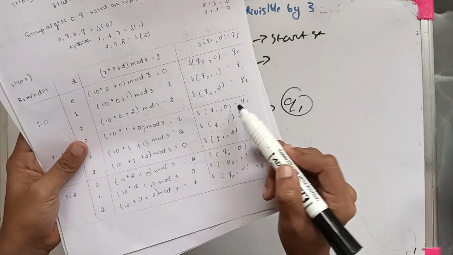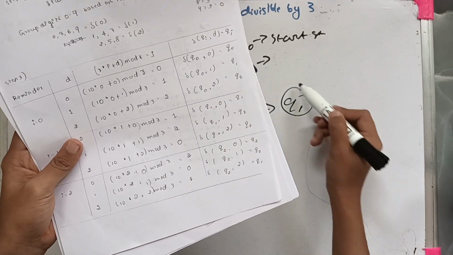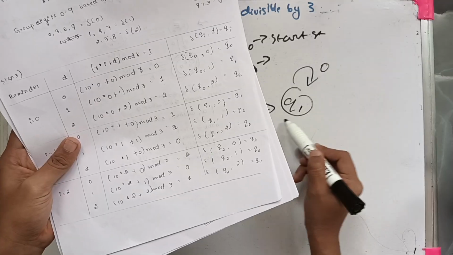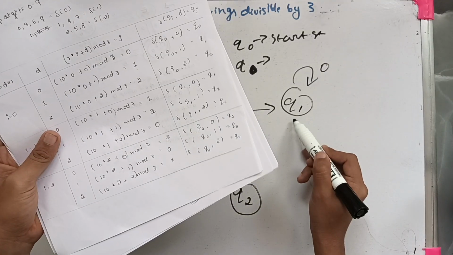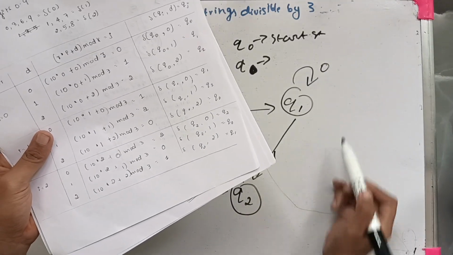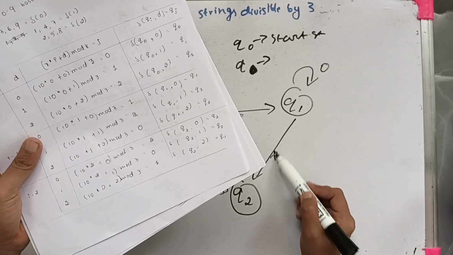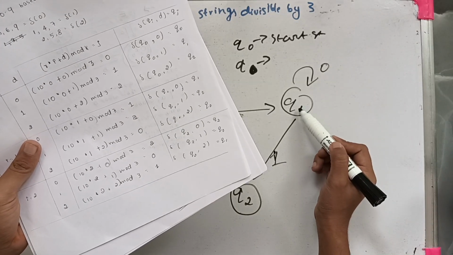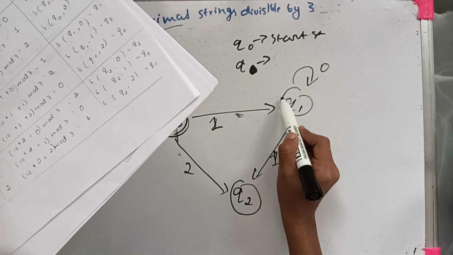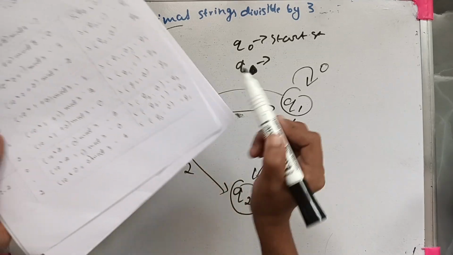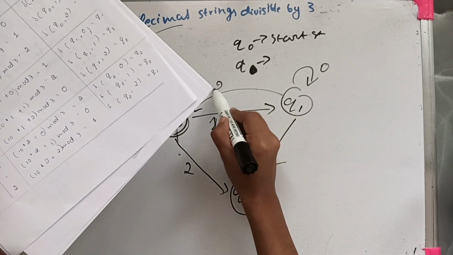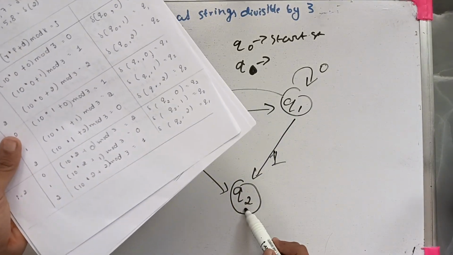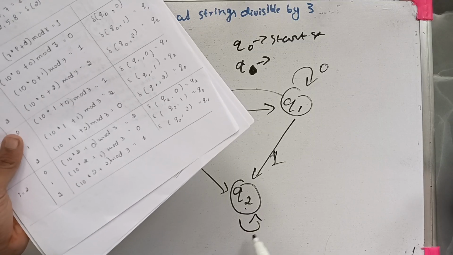Next in Q1, 0 comes, then it goes to Q1 itself. Next 1 comes, then it goes to Q2. Okay, next 2 comes, then it goes to Q0. In the Q2 state, if 0 comes, it goes to Q2.